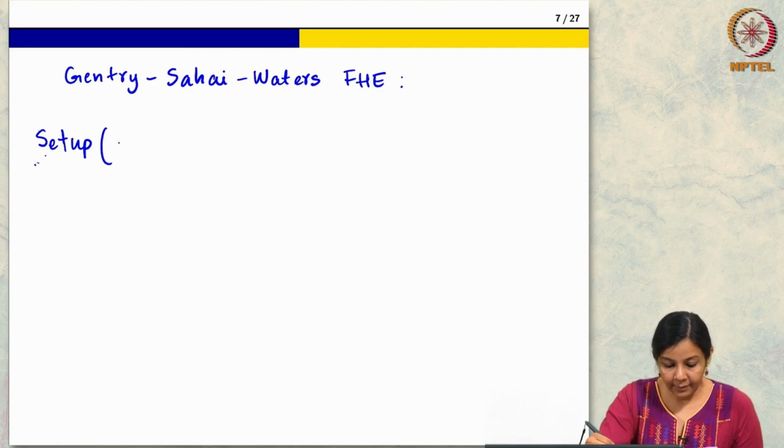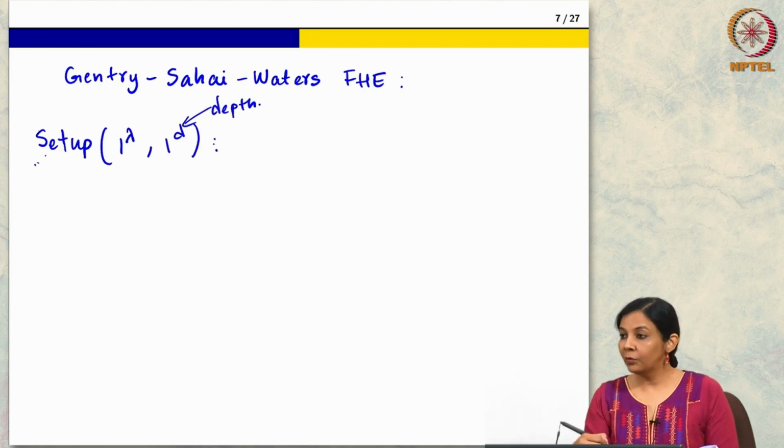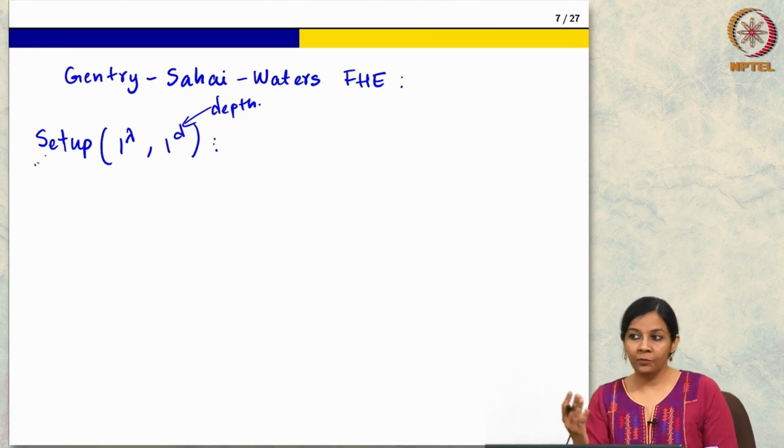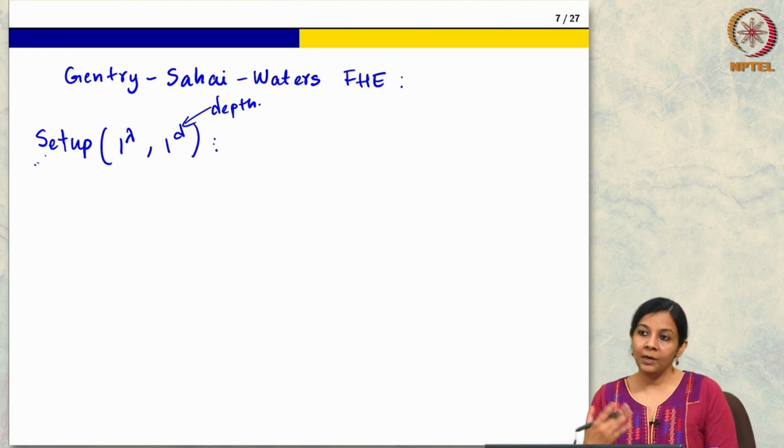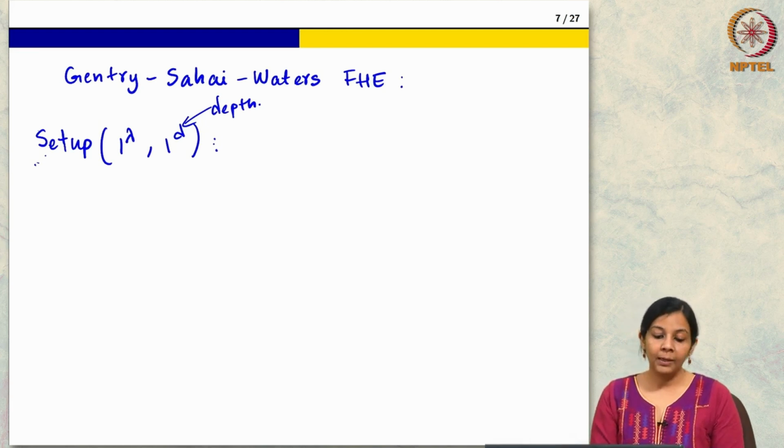it takes my security parameter. It also takes the depth of the circuit that this scheme is going to support. So, remember we defined homomorphism with respect to a circuit depth. It will become clear to you why we need to worry about the depth. Okay.